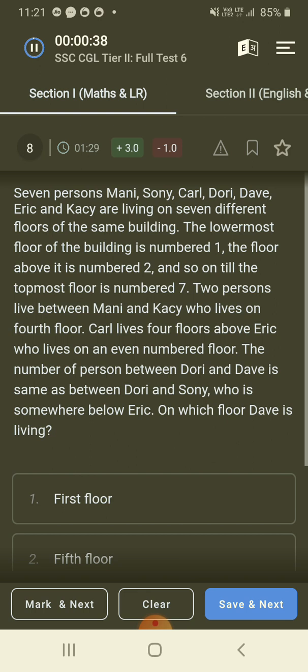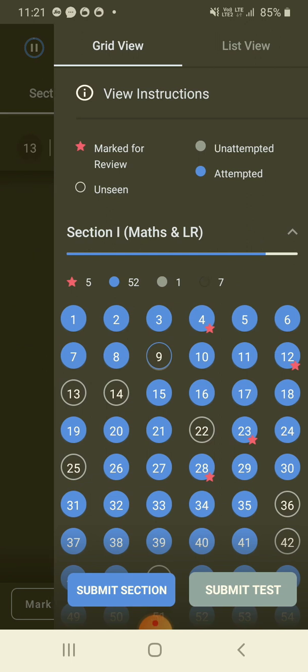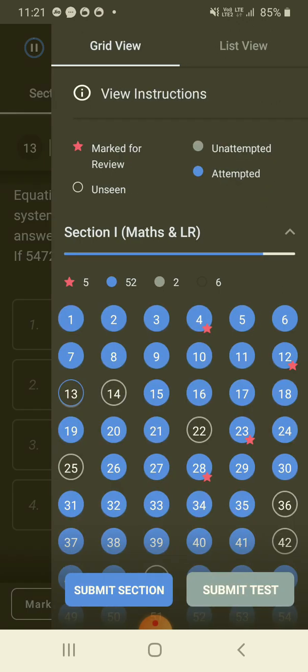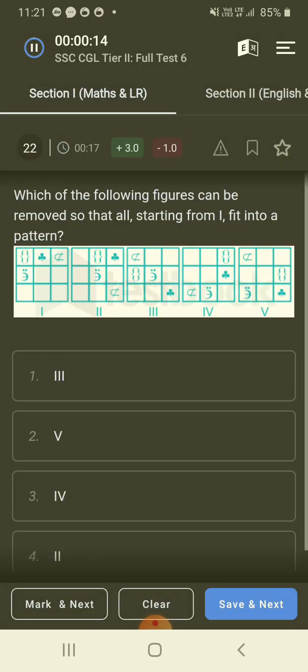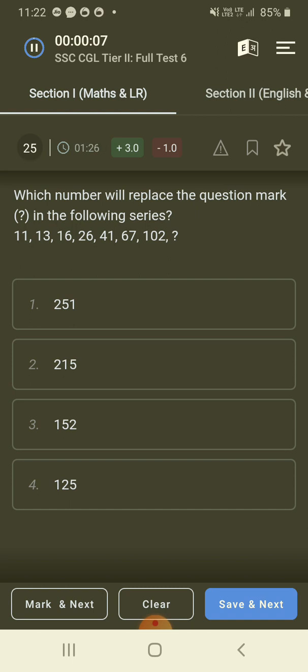On which floor is Dave living? Dave is on the 5th floor.